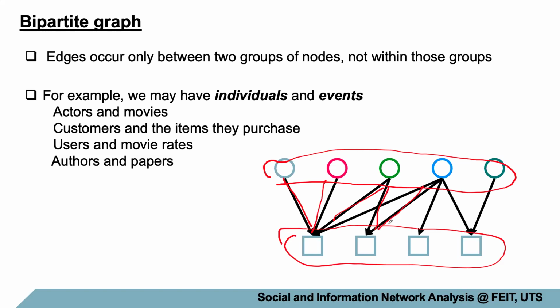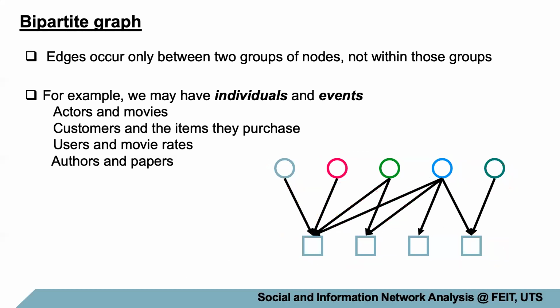This is very common. For example, we have a set of individuals and a set of events. The individuals attend different events: different people attend the same event, or a person may attend a few events. Another example is actors and movies.